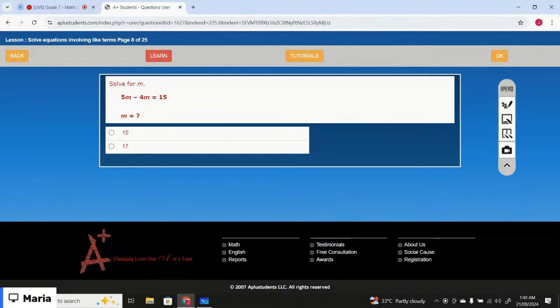The correct option is M equals 15. Option number 1 is the correct option. Okay, you can complete the lesson by yourself later today.